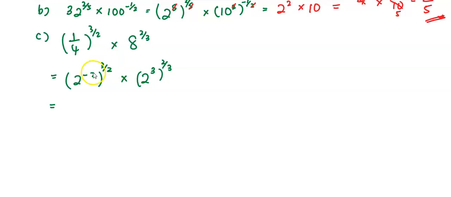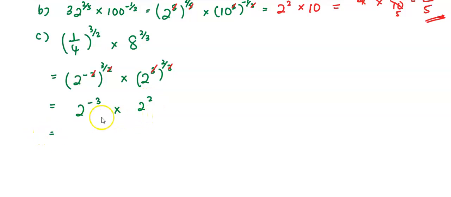What you can do is take the negative 2 multiplied by 3 over 2, cancelling off the 2, and the power of 3 over here can be cancelled off with the 3 over here. Finally, you will have 2 power of negative 3, because negative 1 multiplied by 3 gives negative 3, multiplied by 2 power of 2.